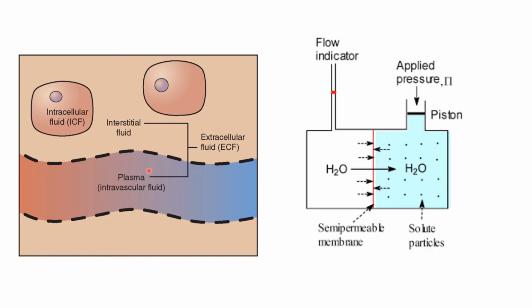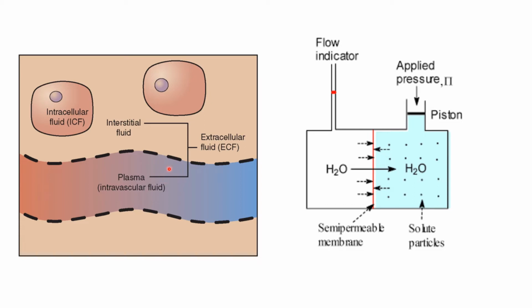As we know, the interstitial fluid, the plasma and the intracellular fluid are in connection. The intracellular fluid is in contact with interstitial fluid through a semi-permeable membrane, and that is allowing some substances to go out or to come in and not allowing others.